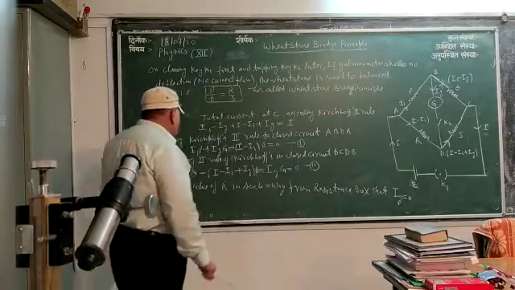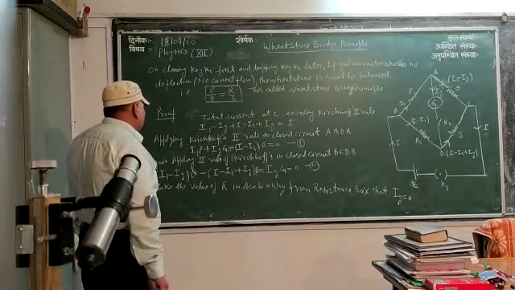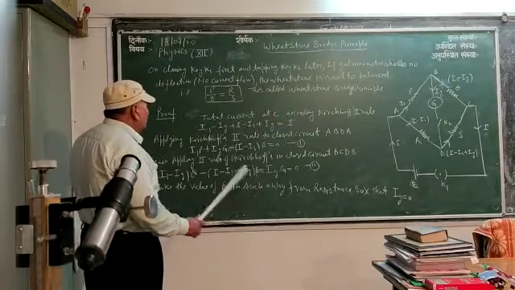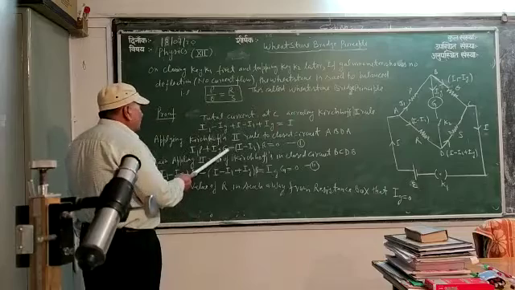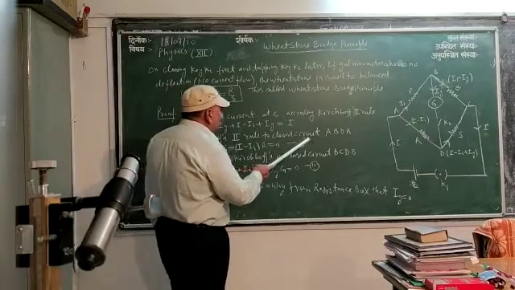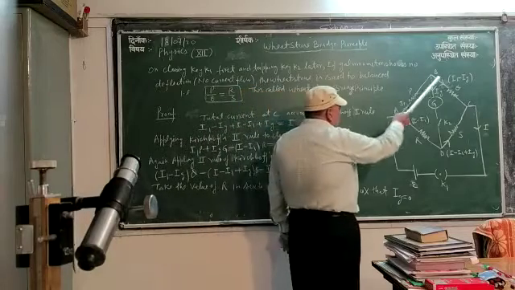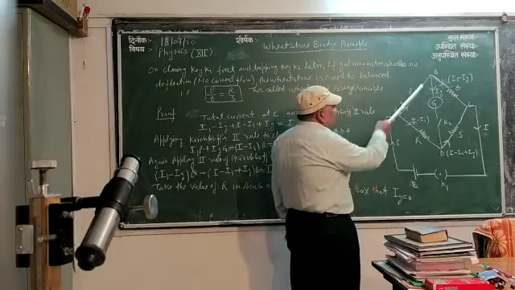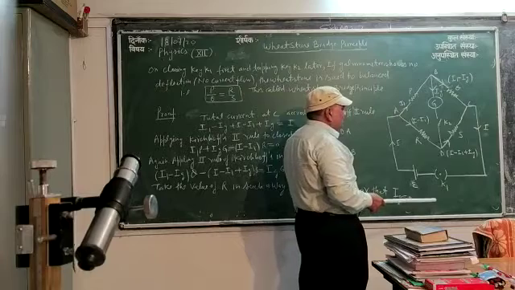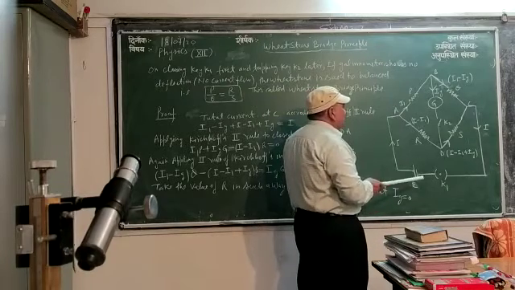Now we have to prove the condition. Here we apply Kirchhoff's second rule to the closed circuit ABDA. First we see whether any cell or battery is connected.